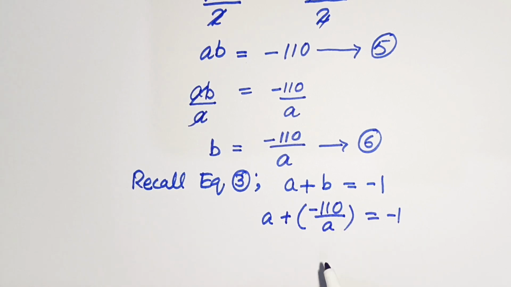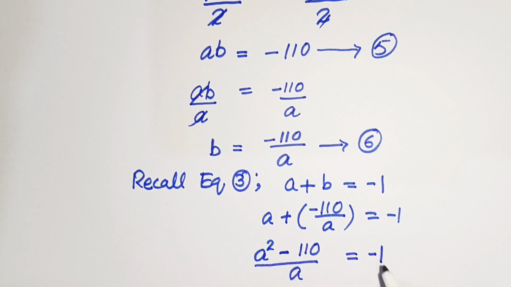Now, if we take the LCM, we write a squared minus 110 all over a is equal to minus 1.